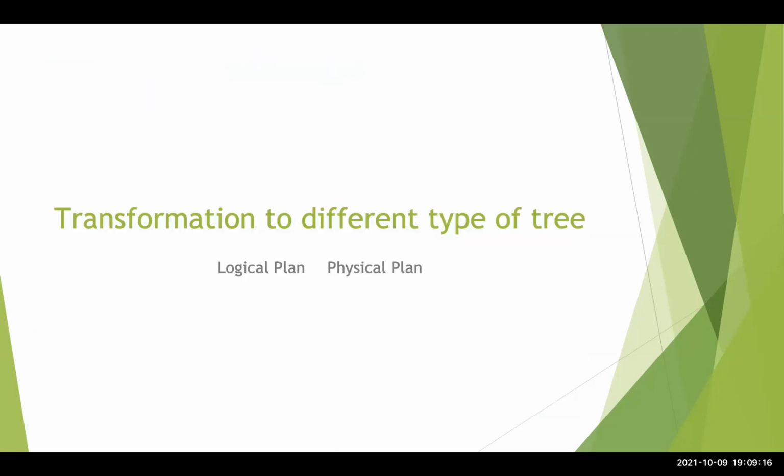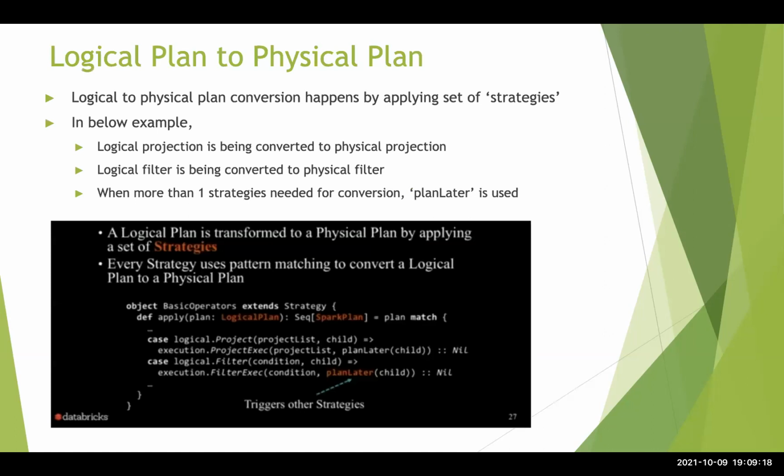How does it convert from logical plan to physical plan? Logical to physical plan conversion happens by applying a set of strategies. In the example below, a logical projection is being converted to a physical projection using some strategy, right? This is the extraction strategy. And then a logical filter is being converted into a physical filter. When more than one strategy is needed for conversion, plan later is used.